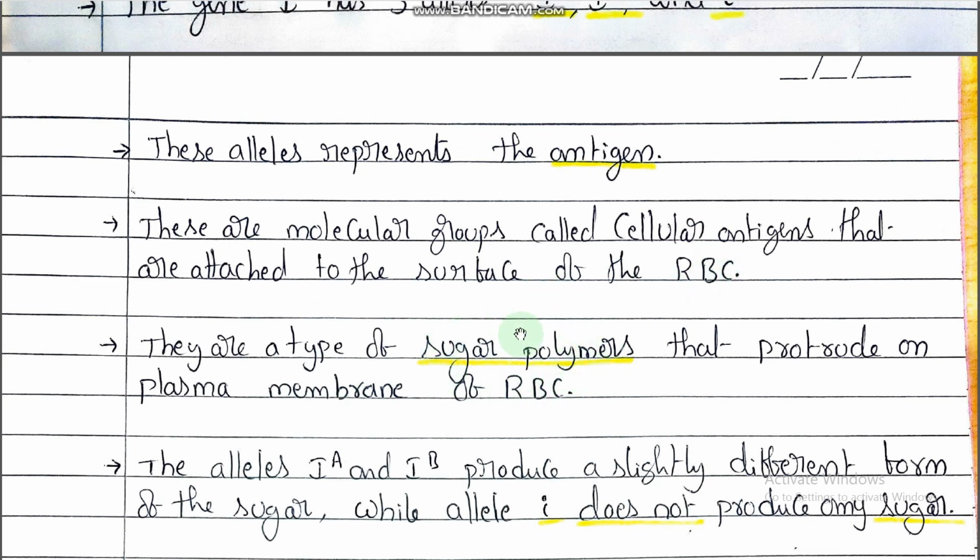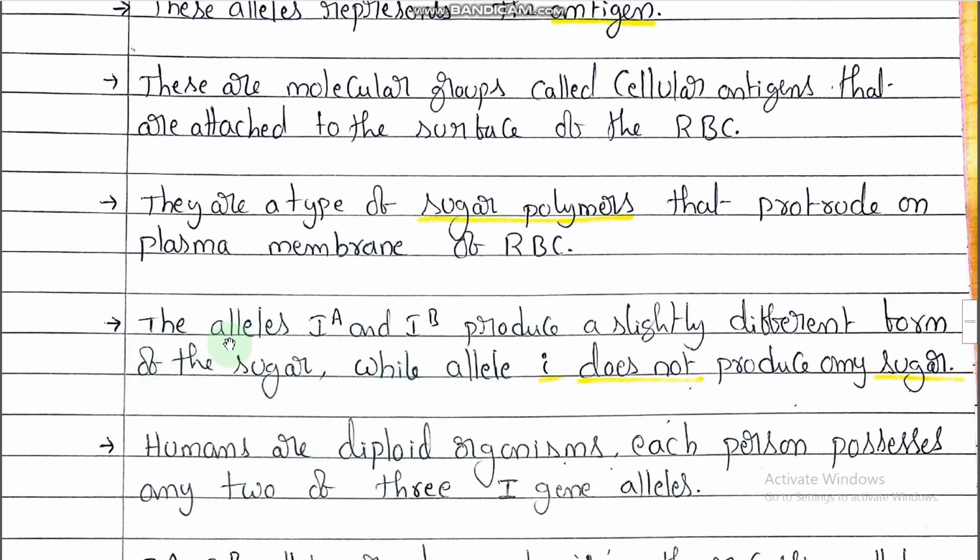What are antigens? The antigen structure is made up of sugar polymers. And the alleles IA and IB produce a slightly different form of the sugar, while allele i does not produce any sugar.